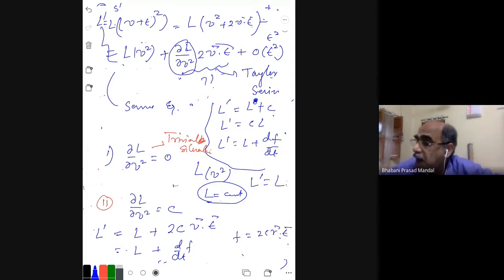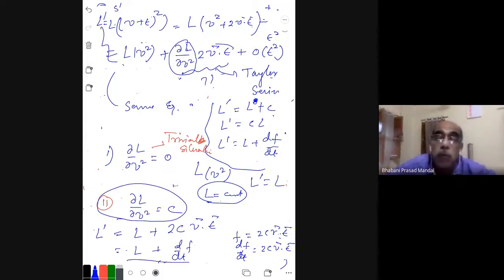If F equals 2C R dot epsilon, so dF/dt will be 2C V dot epsilon, since R dot means V. Epsilon is constant. So if I have this, then these properties hold and we can have the same equation of motion.